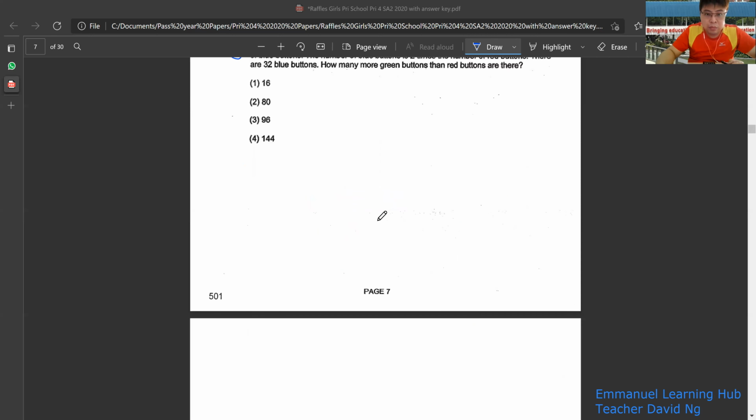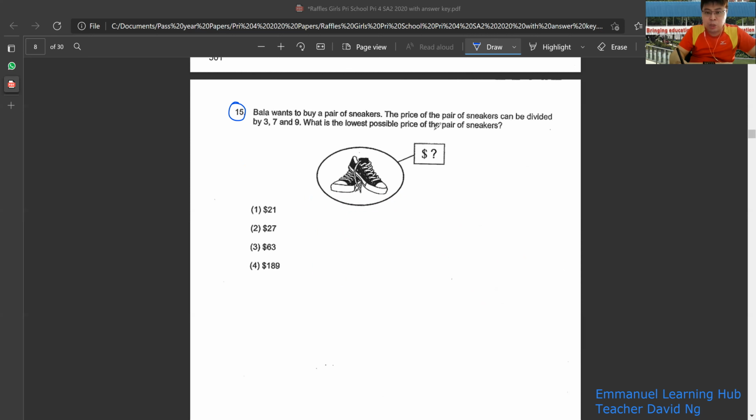15. Bala wants to buy a pair of sneakers. The price of the pair of sneakers can be divided by 3 and 7 and 9. What is the lowest possible price of the pair of sneakers?